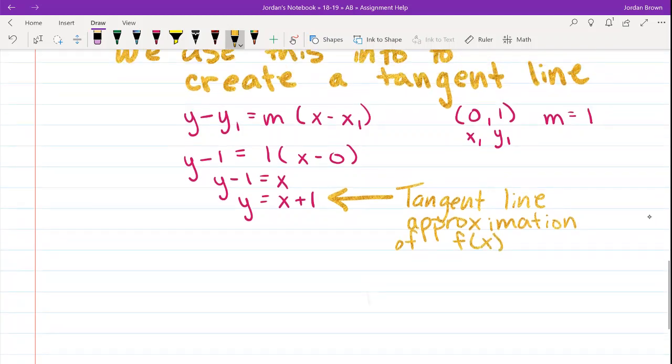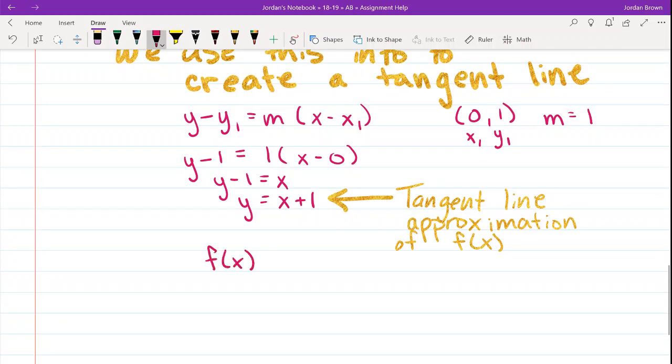All right. So now what we're going to do is we're going to acknowledge that f of x, and we're going to not call it f, we're going to call it h for the approximation. The approximation function. Okay. So we're going to say h of x is equal to y, which was equal to x plus 1.